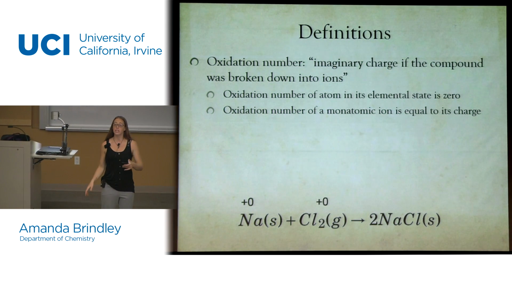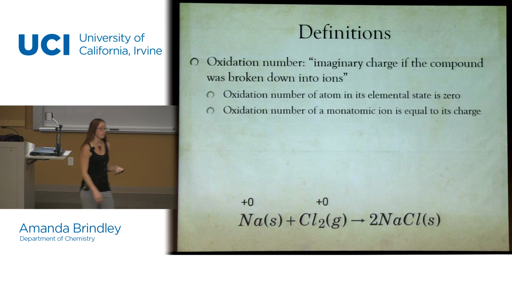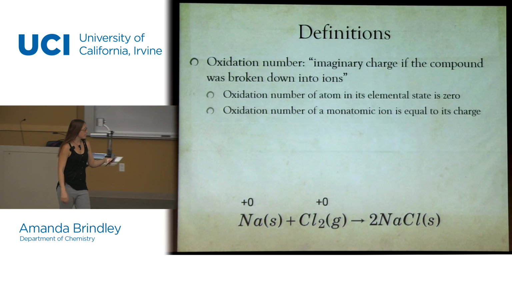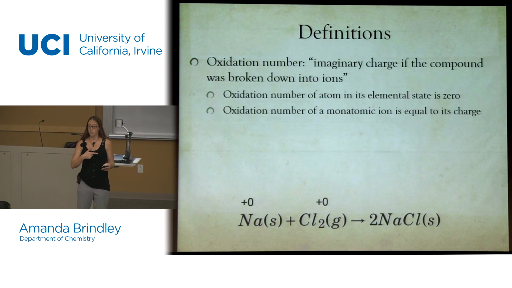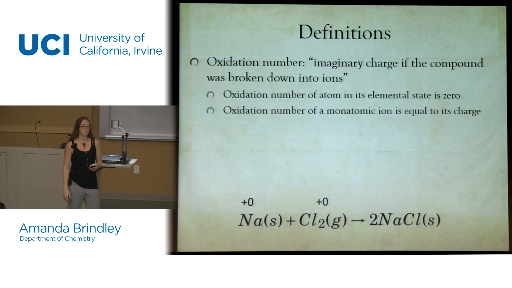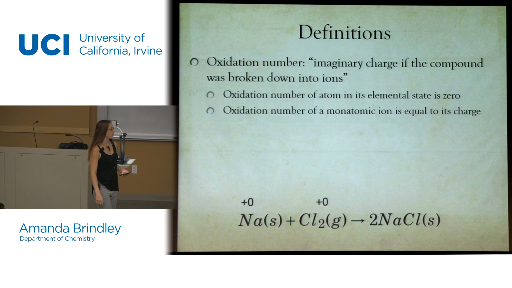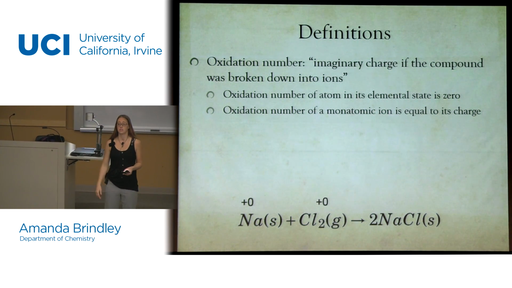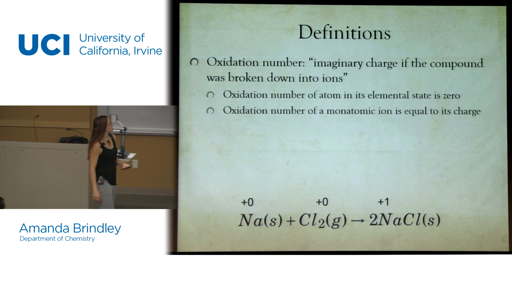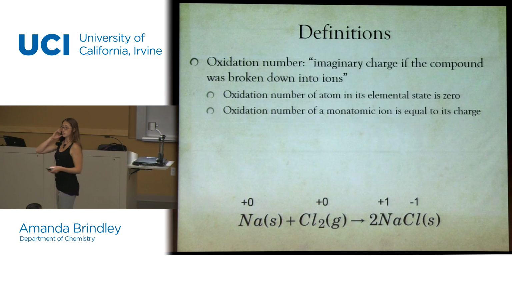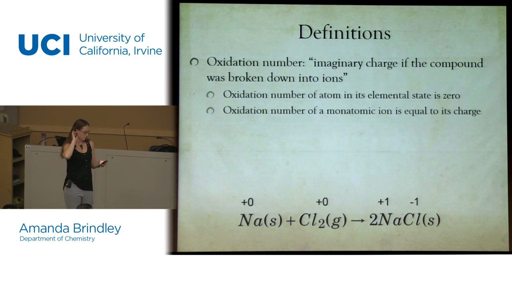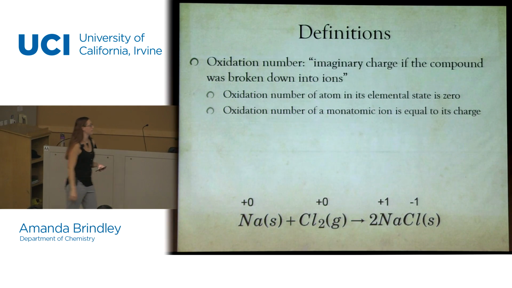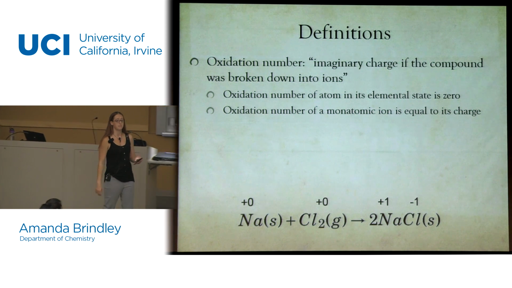All the ions that you already know, you know their oxidation number. So in this case, that tells us sodium is what? What is the charge on sodium? +1, right? It's in that first group, so it's +1. And what's the charge on chlorine? -1. So their oxidation numbers are +1, -1. This does get a little more complicated than that, but that gets us started.